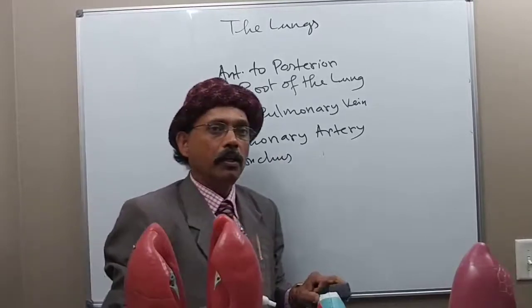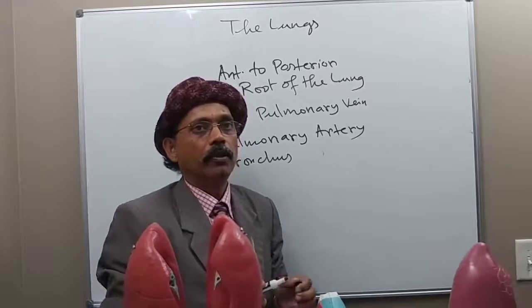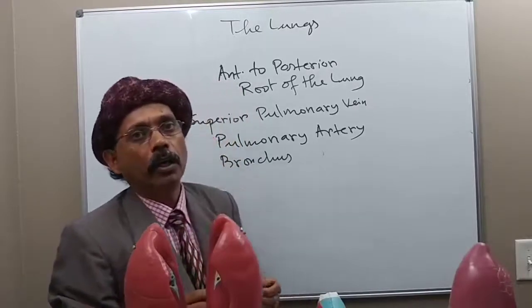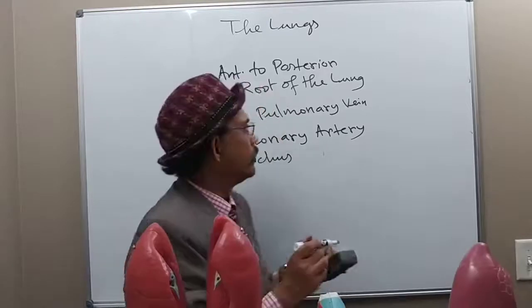And in the root of the lung, the inferior pulmonary vein is always inferior. Okay, we got the root and hilum of the lung and the relationships.